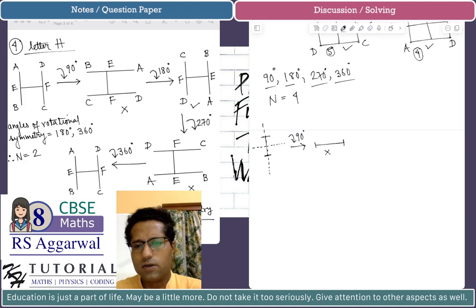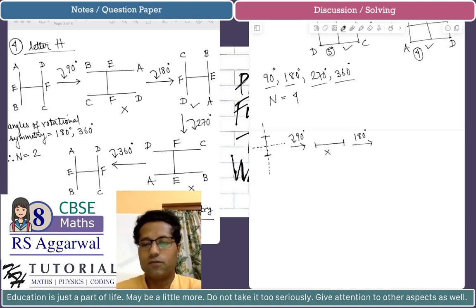But if you rotate the letter I from its initial position by 180 degrees clockwise, the position of the I will be back like this, and it is looking identical.